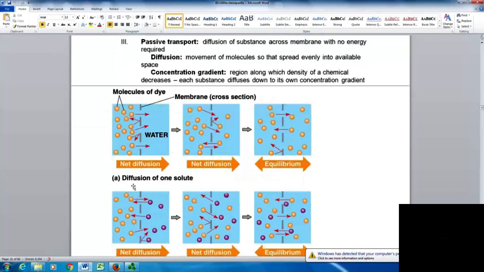So we can see here when we're looking at just one substance, you've got these molecules of dye and the semi-permeable membrane. They're going to want to diffuse across so they can be in equal concentrations on both sides. Once you reach that equilibrium, it doesn't mean that they're no longer moving, it just means they move at the same rate in both directions, so you have no net diffusion.